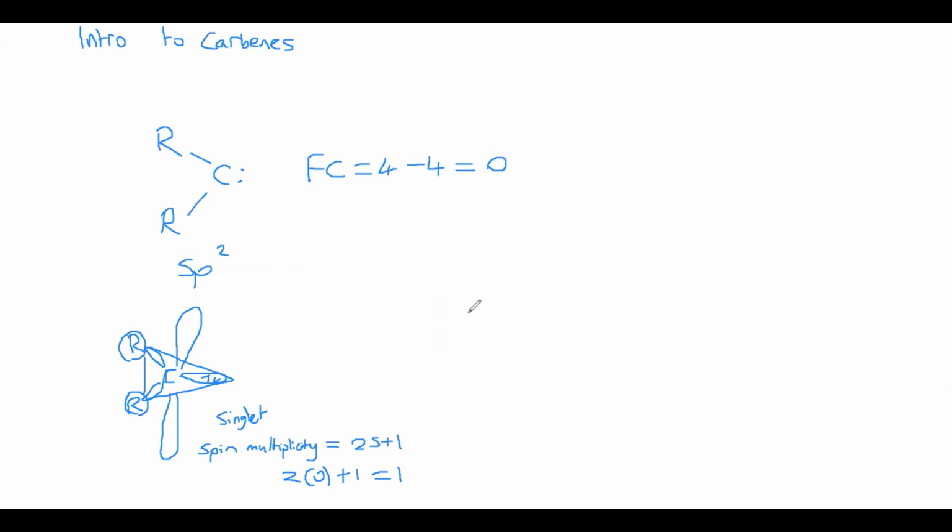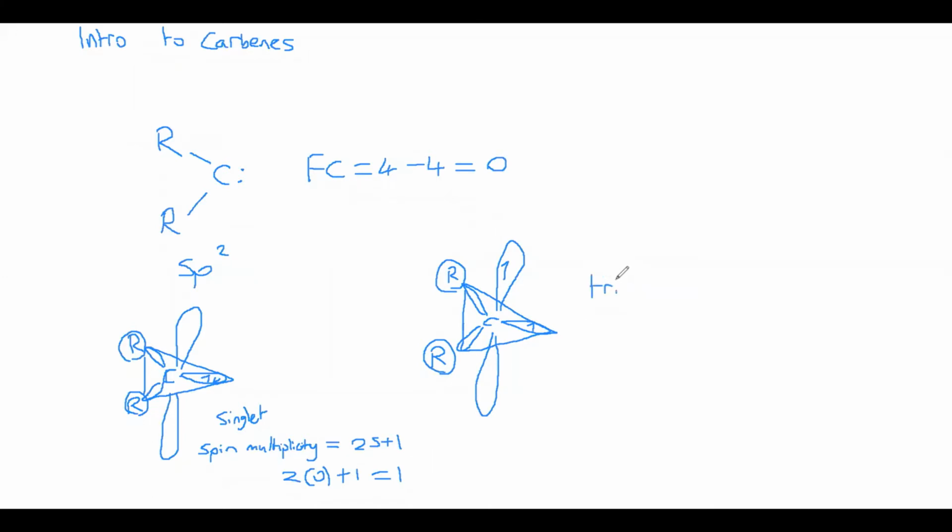The other carbene that can form is known as the triplet carbene. Now we still have our central carbon with our two R groups bound, all still in the sp2 hybridization. Only now we can get one electron residing in the p orbital and one electron residing in the sp2 hybrid orbital.